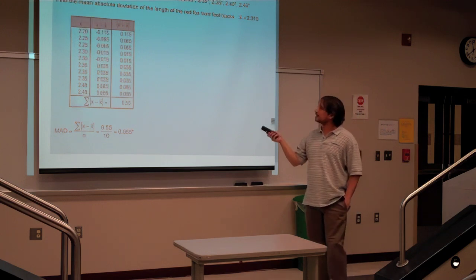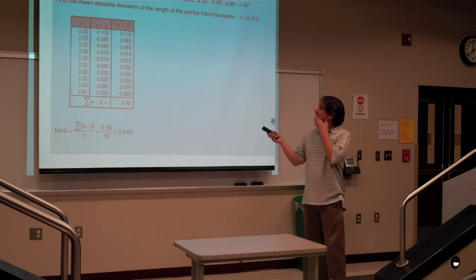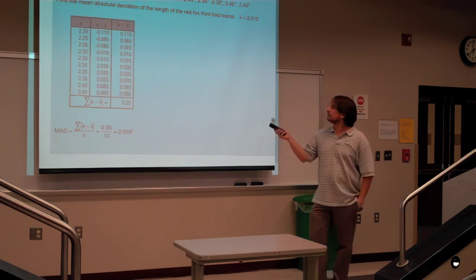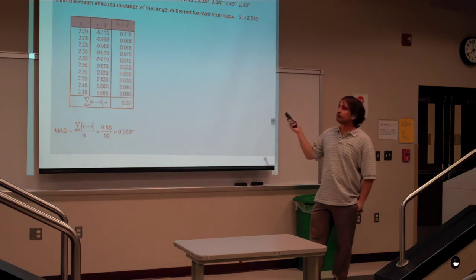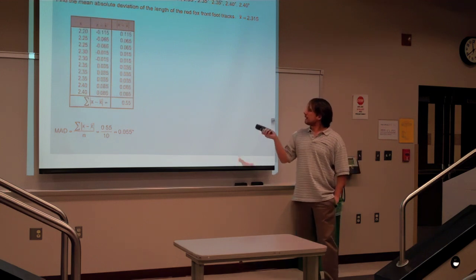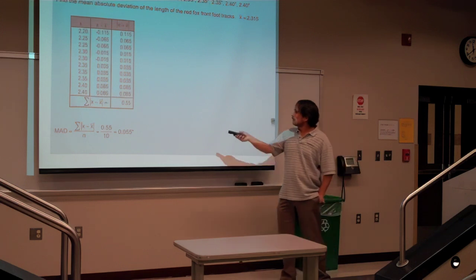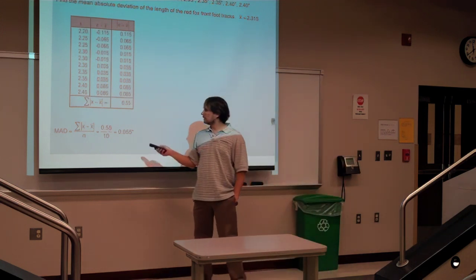So this is my x. I subtract 2.315 from it, and I get negative 0.115. I take 2.25 and subtract 2.315 from it, and I get negative 0.065, and so on. Then I make them all positive, I sum them all up. I take that and put that into the formula.